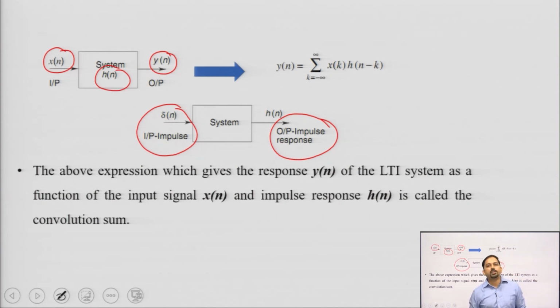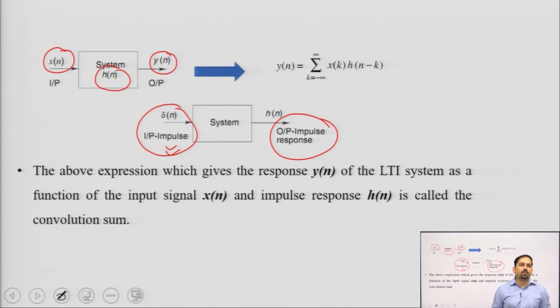Likewise we have a definition for step response: if the input is a unit step signal u[n], the response is called the step response. And we have the ramp response also, where the input is a ramp signal r[n], giving the ramp response.